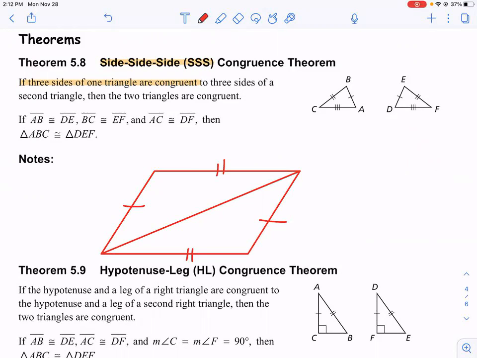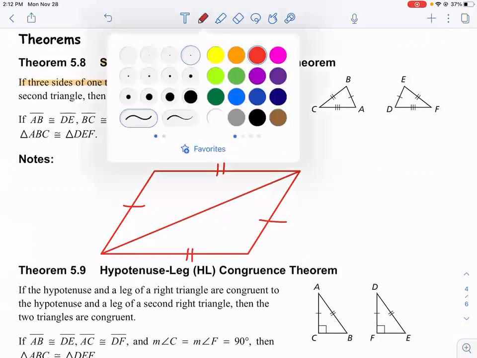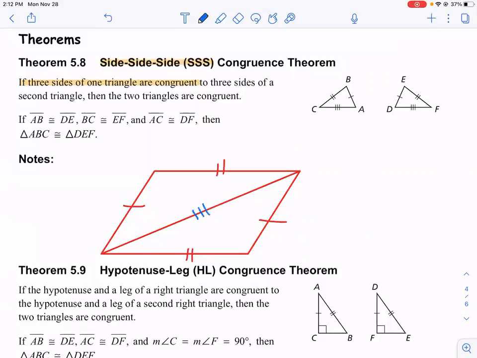Okay, so can I say that these two triangles are congruent? Yes, you can. Hold on. Layla, what do you have to say? Okay, so we have the reflexive property right here, right? So yeah, we have side, side, side.